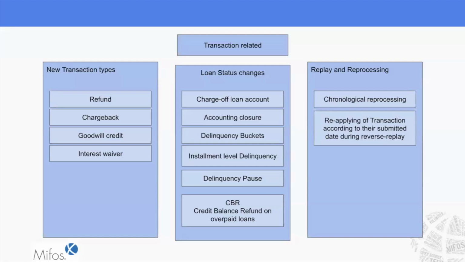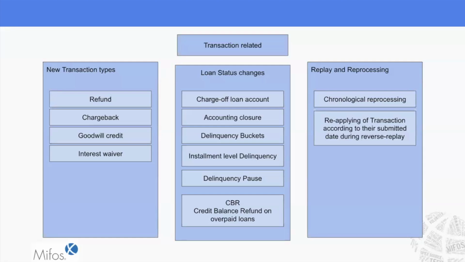Delinquency buckets are implemented in such a way that the bucket level and the number of overdue days are configurable. As per the organization, they can configure the number of days each bucket should be overdue, and the system will accordingly populate the loans or installments into those particular buckets.